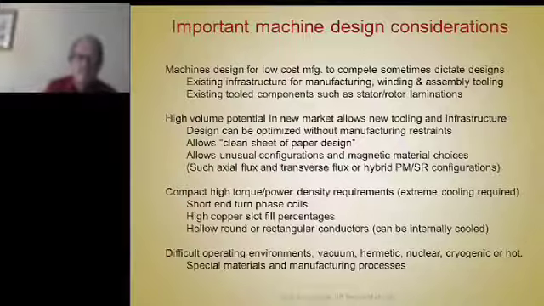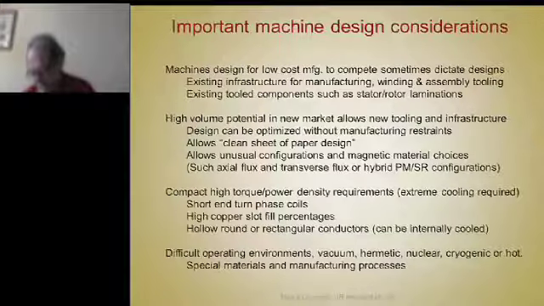The other thing you do, which you have to do, is have real short end turns. So you wind the coils before you insert them. You wind them very tight, very short, so that the end turns don't stick out very far.